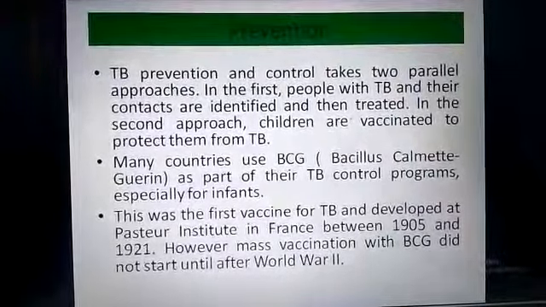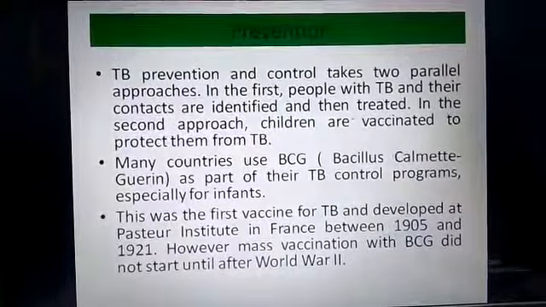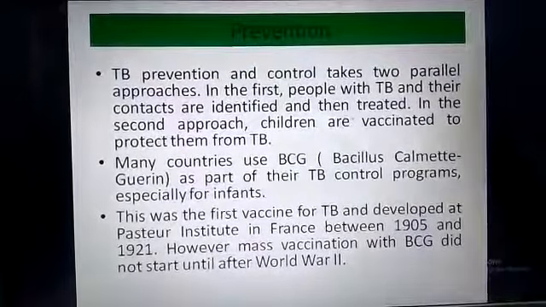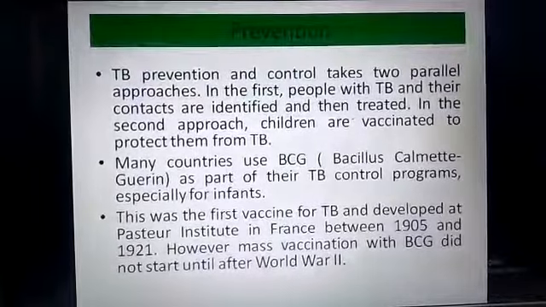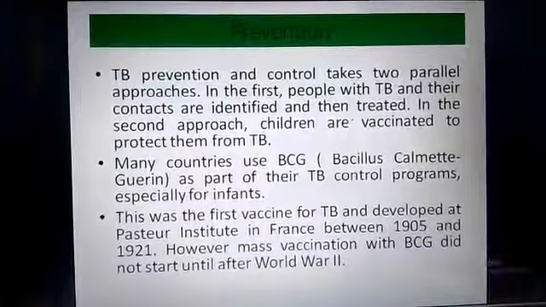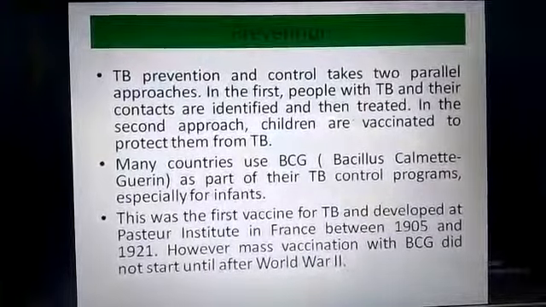But many countries use the Bacillus Calmette-Guerin vaccine as part of TB control programs, especially for infants. This BCG was the first vaccine for TB and was developed at the Pasteur Institute in France between 1905 and 1921.